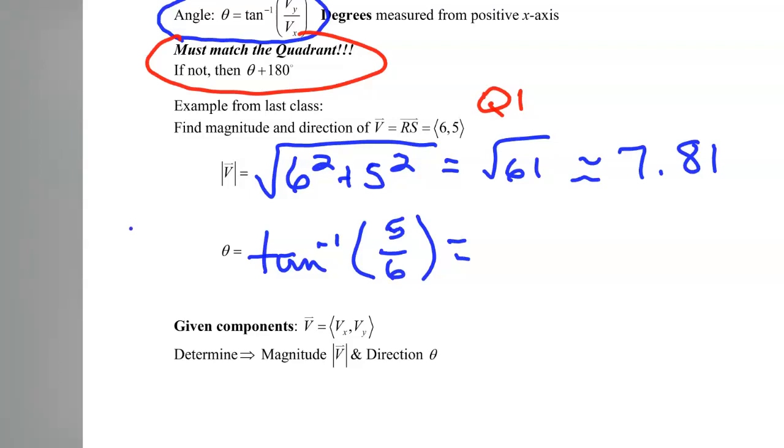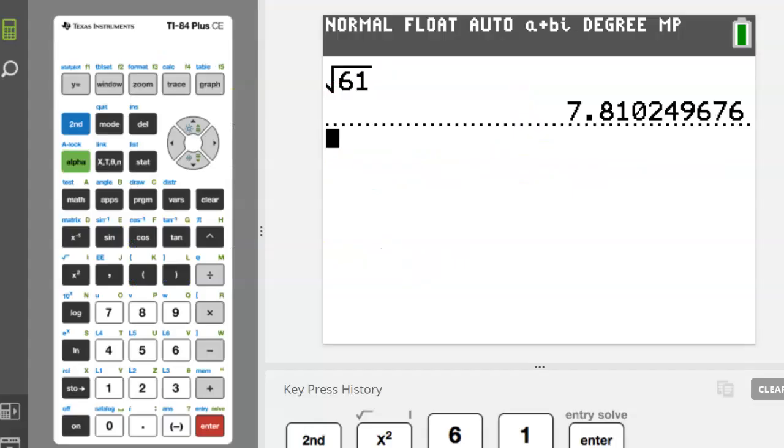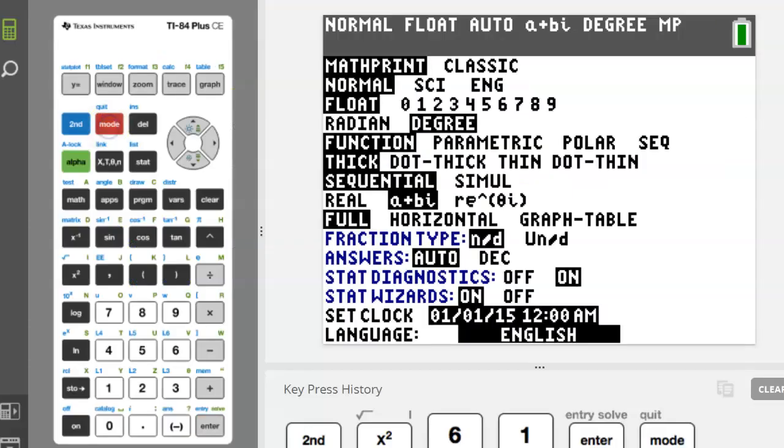Make sure you are in degree mode. When you go to the calculator, the mode key, make sure that you're in degree mode.